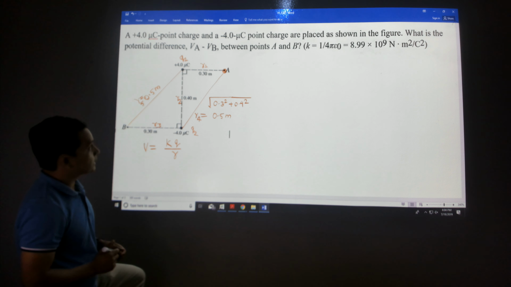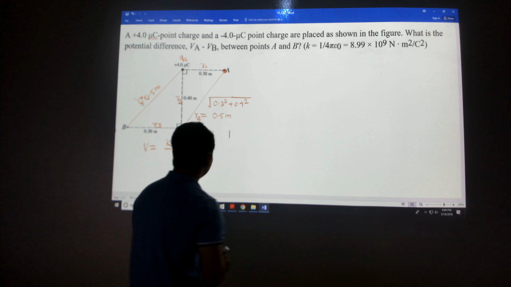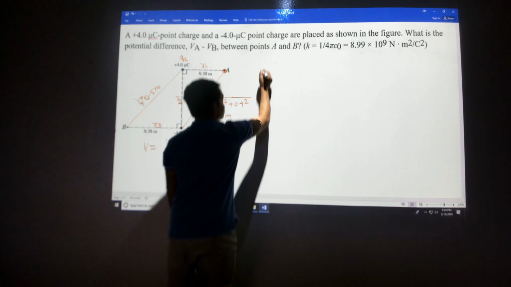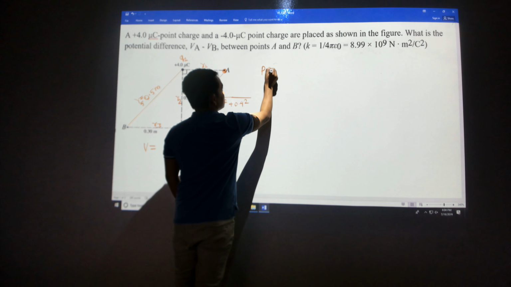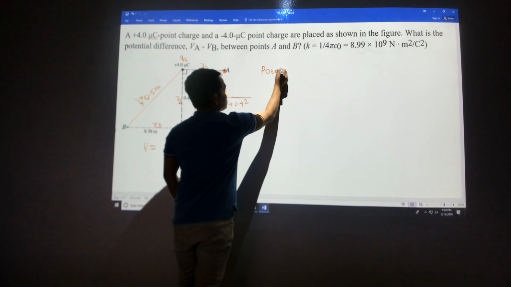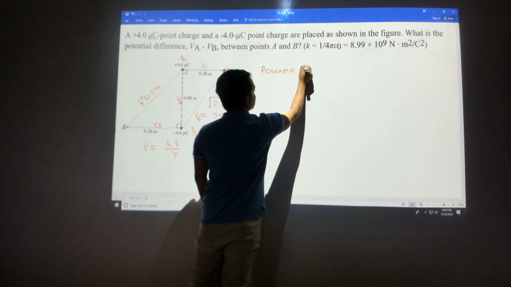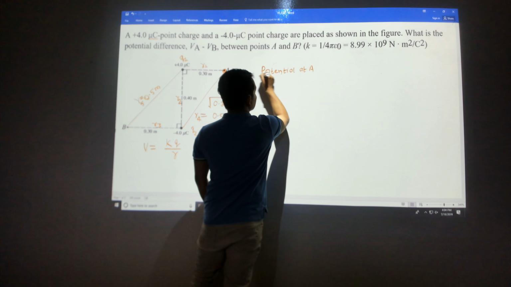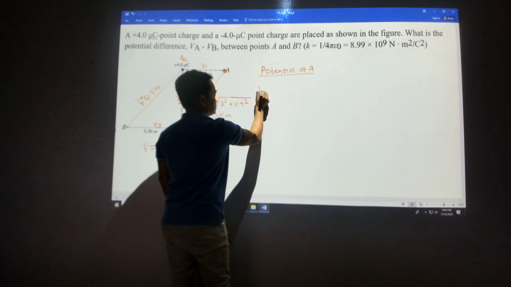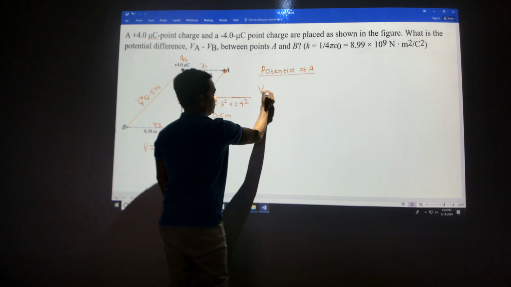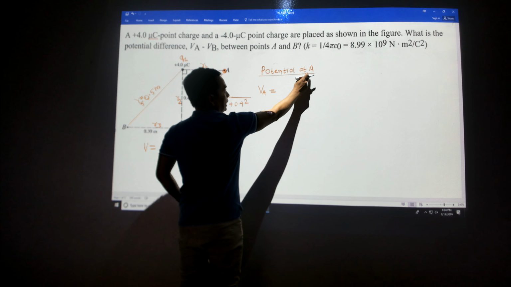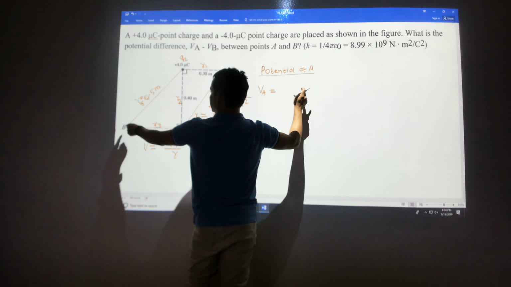Now, let's calculate the potential at point A. I'm calling this VA. The potential at point A is due to this charge and due to this charge.